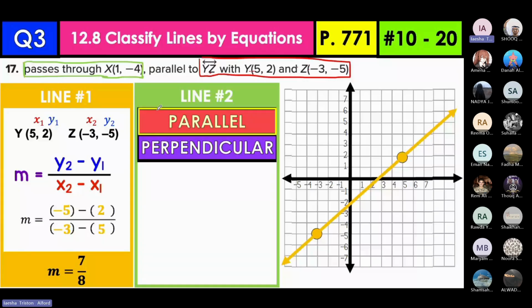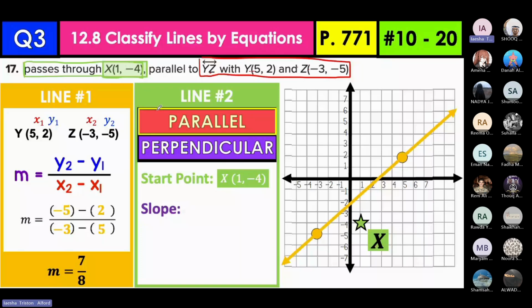What is our start point? Gonna be the X. So we go right 1 and down 4. That is X. We're gonna make a new line that has to go through the green star. How do we know how to draw the line? We have to use what we know about our slope. And the slope should be parallel.